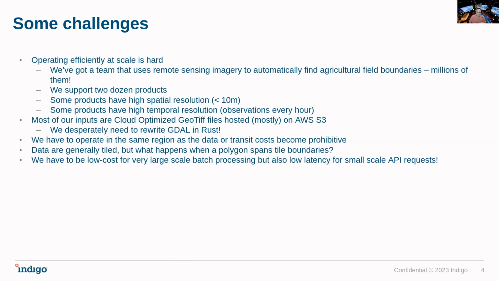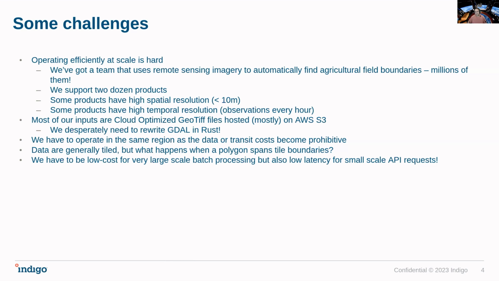Sentinel-2 will be divided into these 100-kilometer by 100-kilometer blocks. What happens when your polygons span a block? That's a problem. Finally, we have to be super low cost to operate when we're operating at scale, doing very large batch sets of work. And we also have to be low latency when we're doing very small chunks of work to satisfy API requests. Those are in tension.